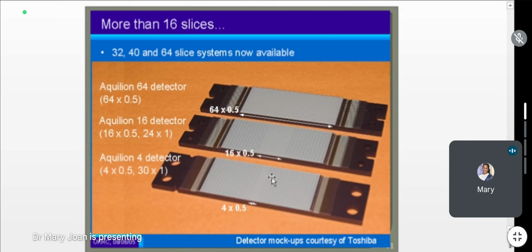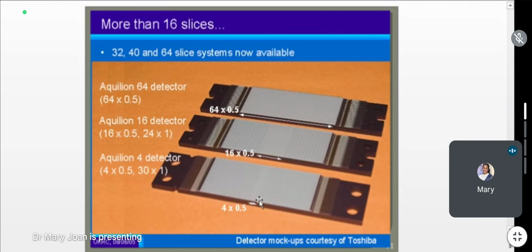Here you can see the Aquilion 64 has 64 detectors of 0.5 mm, the Aquilion 16 has 16 into 0.5 and 24 into 1, and the 4-detector has 4 into 0.5 and 30 into 1.